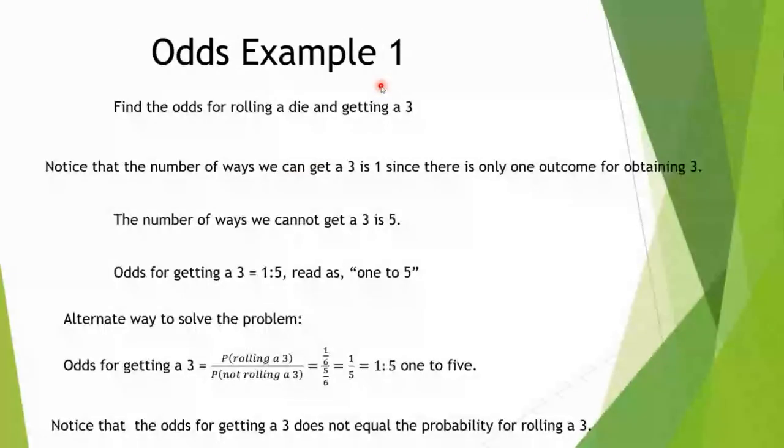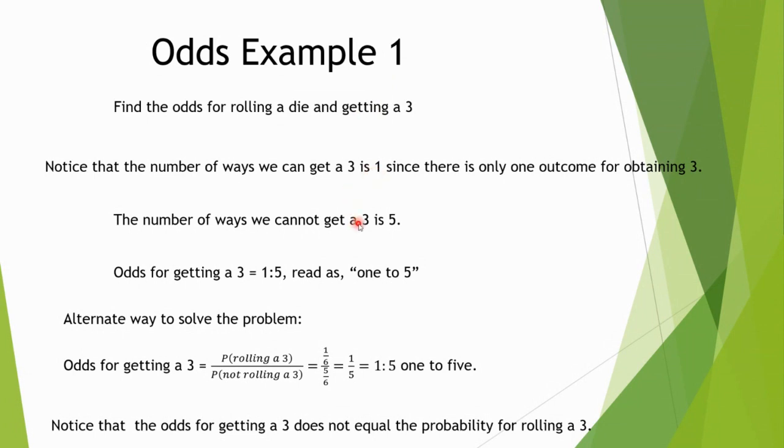So let's say, for instance, we're rolling a die. We want the odds for rolling a die and getting a 3. Well, how many ways are there to roll a 3? There's only one way, right? For rolling a die, there's only one way you can roll a 3. There's only one outcome with rolling a 3.